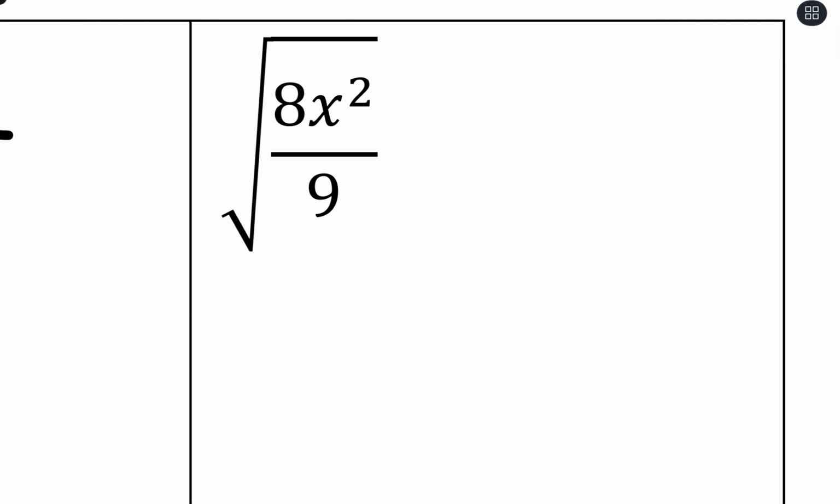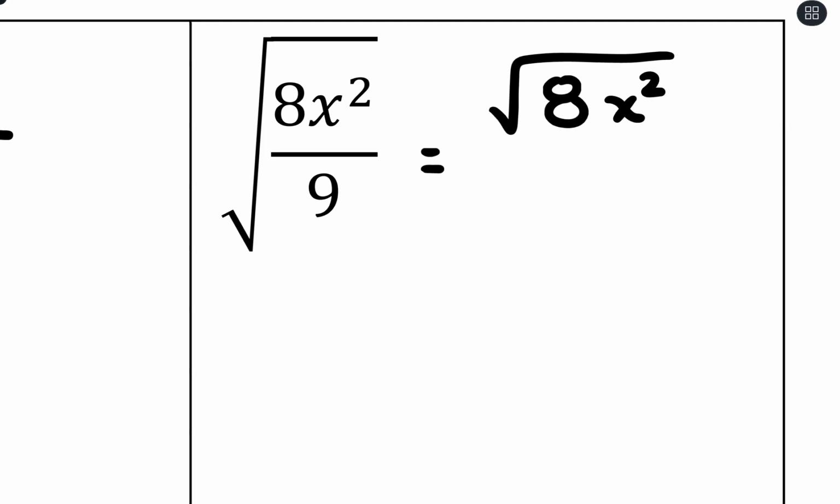And then our last one here, we could do the same thing of splitting it up. What I do start with is first I see if there's anything I can simplify underneath the radical. So in the radicand, it's all simplified, so now I'm going to split it up to square root of 8x squared over square root of 9.